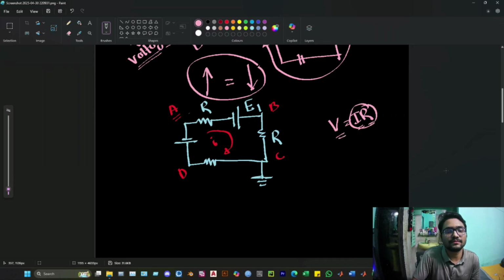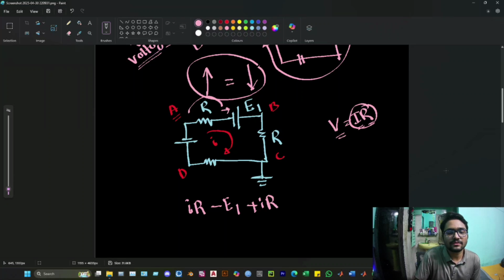So the voltage across this resistor is I into R. Now if the current enters the negative polarity, we consider that as negative. So here the current is entering the negative polarity of the voltage source, so it is minus E1. Then if we circulate further, we come across this resistor, so it will be I into R.